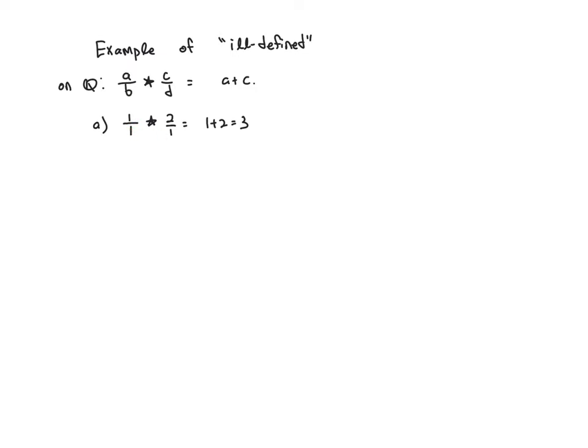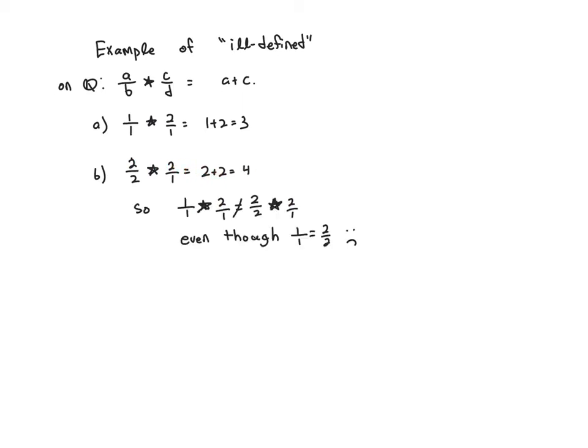Well, let's compute this star product of 1 over 1 and 2 over 1. The sum of the numerators is 3. On the other hand, if we compute the star product of 2 over 2 and 2 over 1, the sum of the numerators is 2 plus 2, that's 4. But we have a bit of a problem here, because 3 is not 4, so these two operations are not the same.